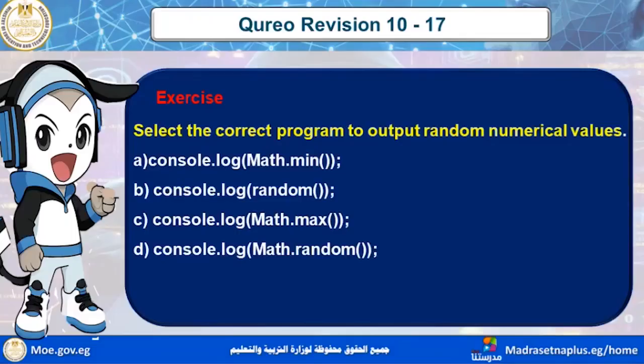So we have 4 options, and we must take one. The correct one is console.log Math.random, which means that we get different numbers, and it gives only one. So the correct program to output a random numerical value is console.log Math.random.